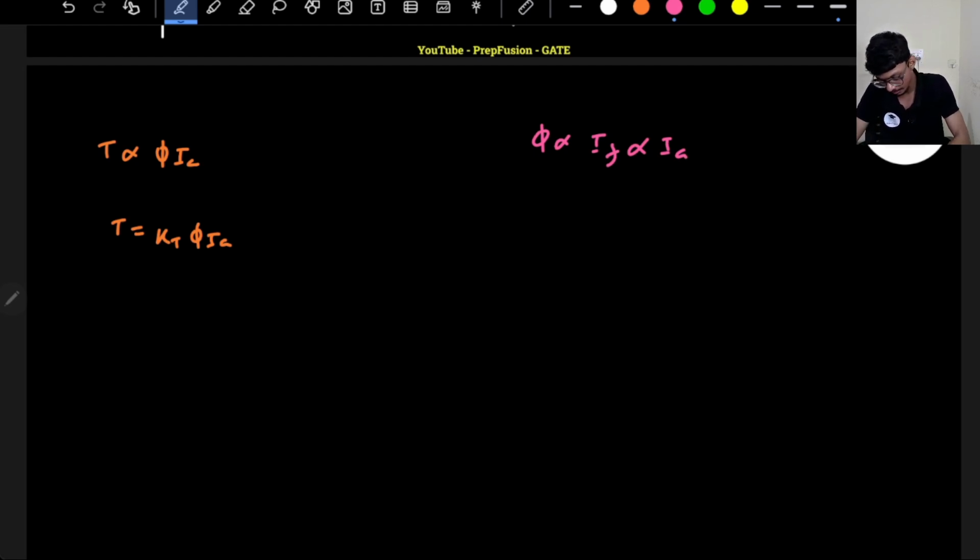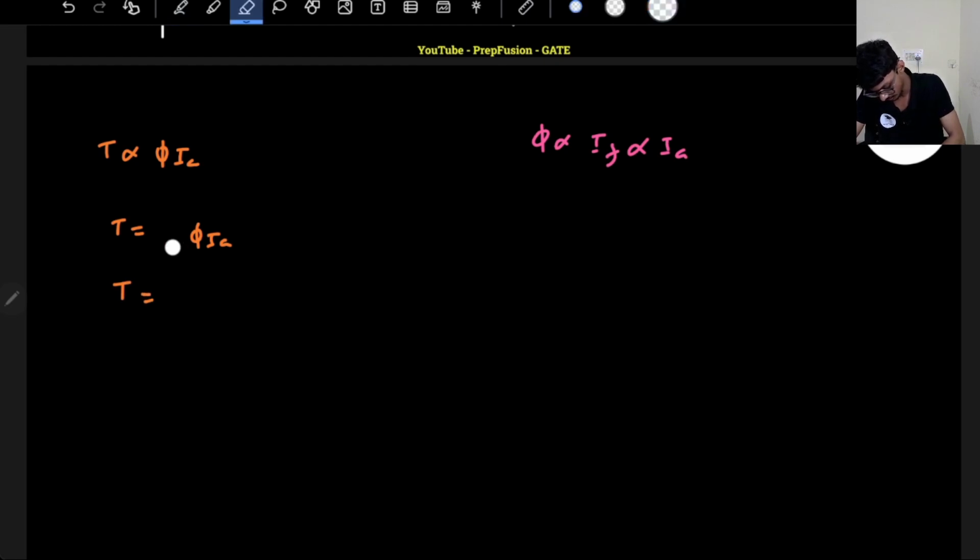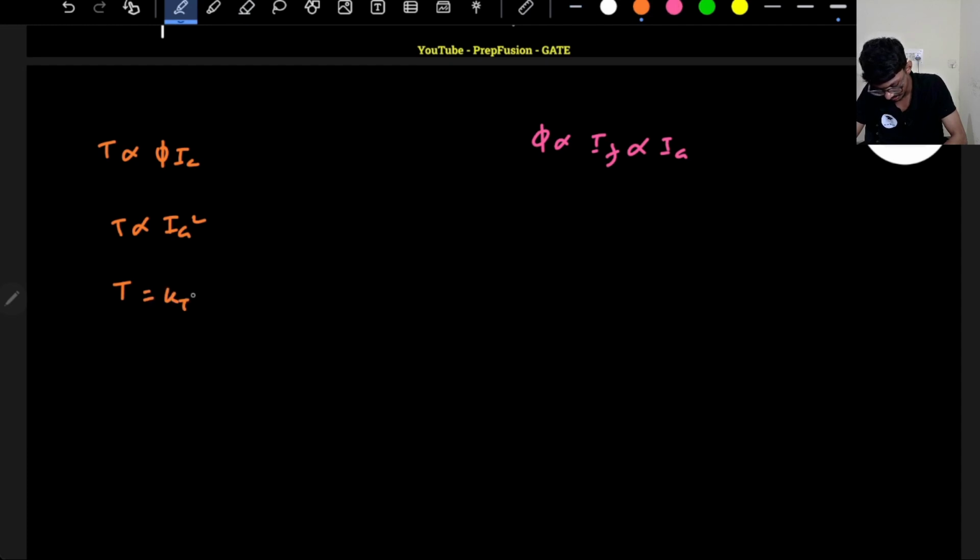So my T is proportional to flux, which is proportional to armature current, so it will be Ia square. So roughly my torque will be kt into Ia square, right? So it will just be a parabola.